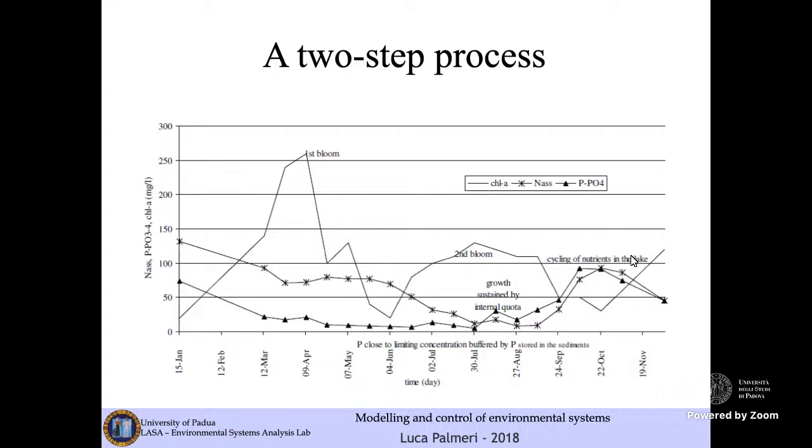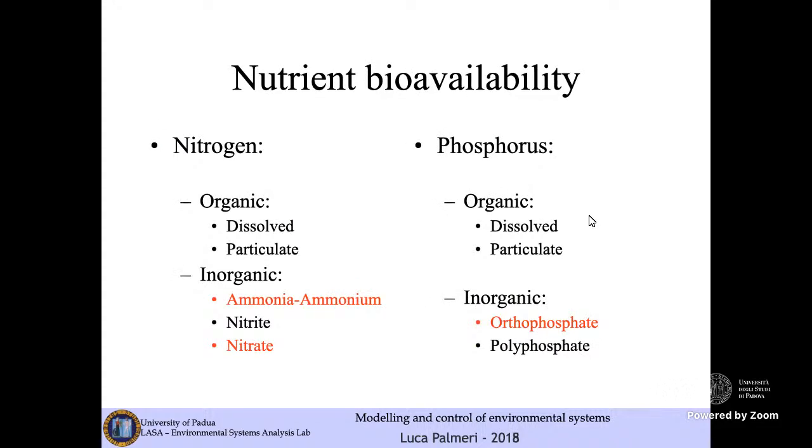We have organisms that die and give back nutrients, making nutrients available for the algae to absorb and continue growing. Okay, so this is the two-step process. Please note that this is a question as well: can you please describe the two-step process for algal growth?